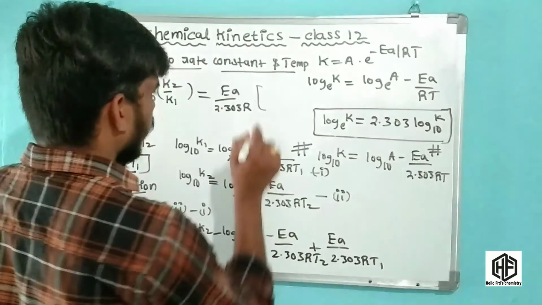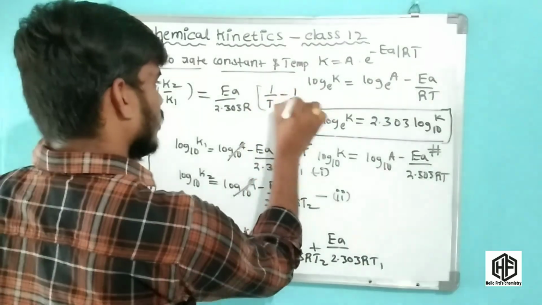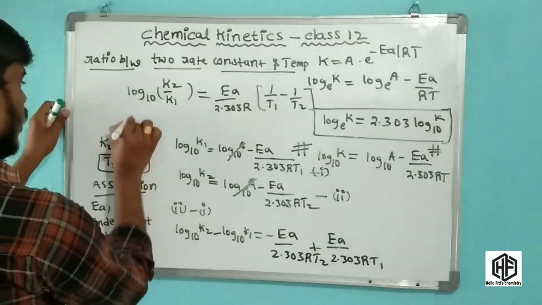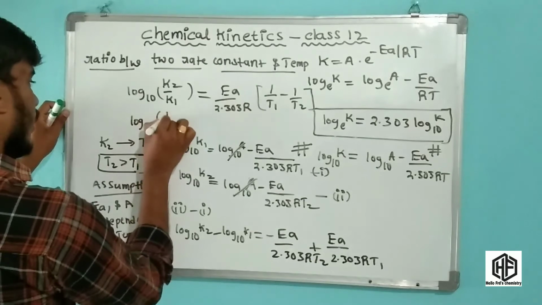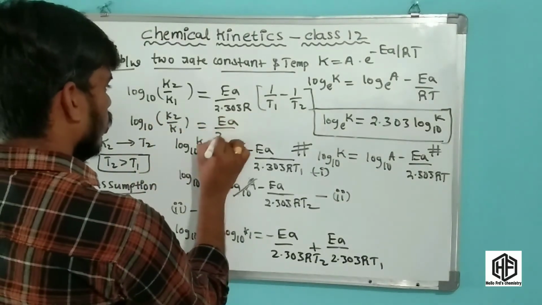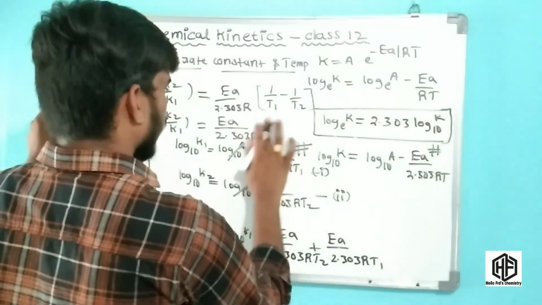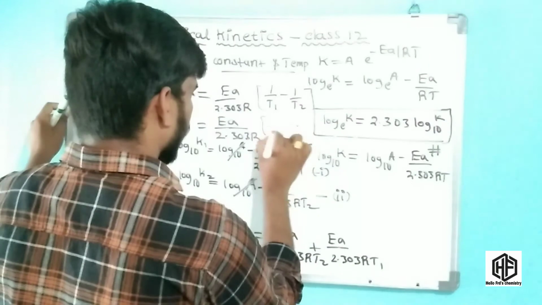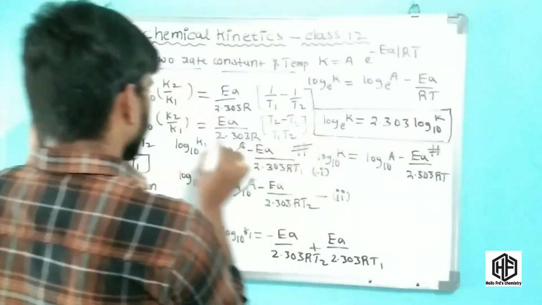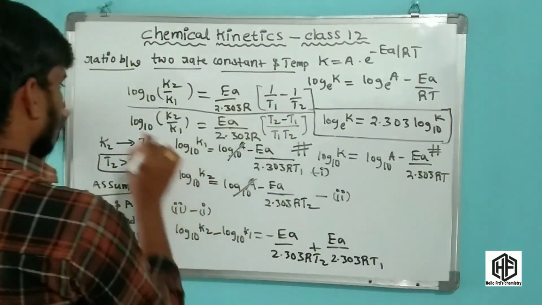Taking the LCM, log base 10 K2 by K1 is equal to Ea by 2.303 R times T2 minus T1 by T1 T2. This is the ratio between two rate constants.